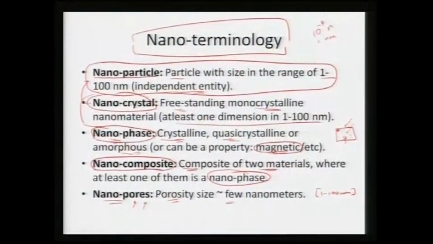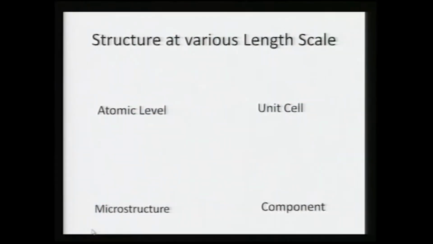And nanophase can be either a structure or a property associated with a particular entity that exists, which we call nanophase. Now, a nanocomposite comprises any one nanophase being existent in a composite material, and there can also be pores within 1 to 100 nanometer, which we call nanopores. There are certain nano terminologies which are associated with nanomaterials.